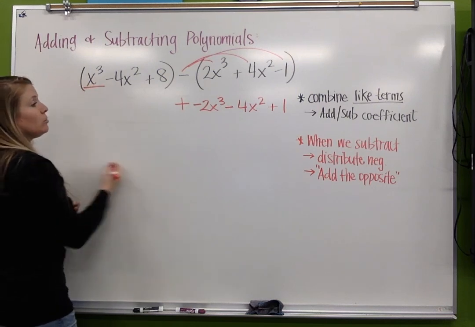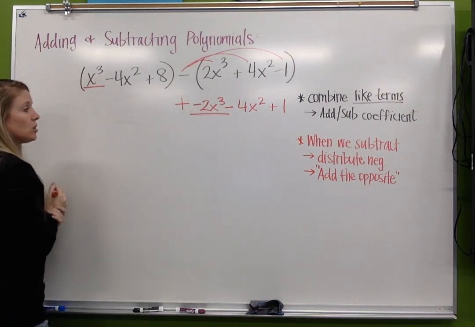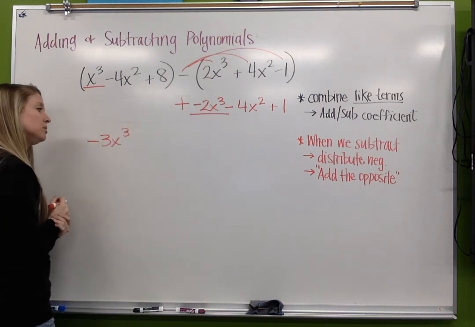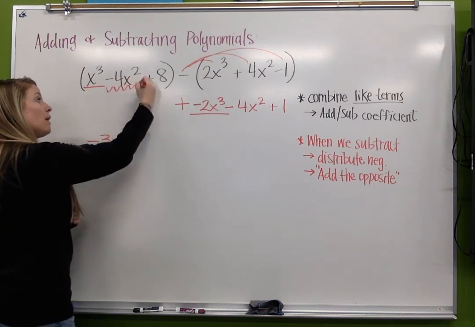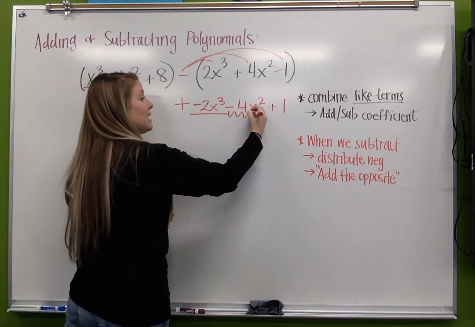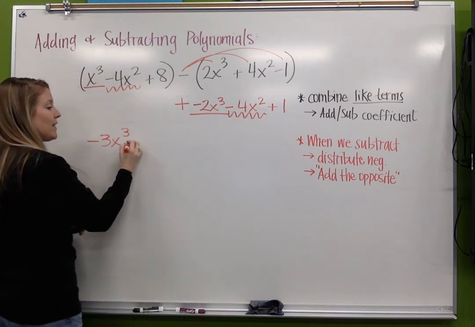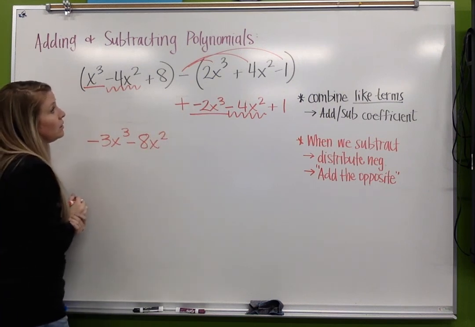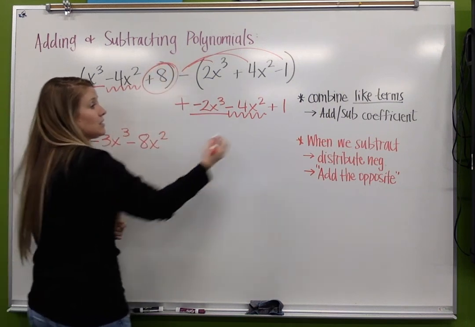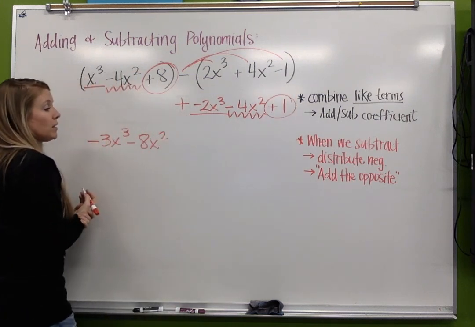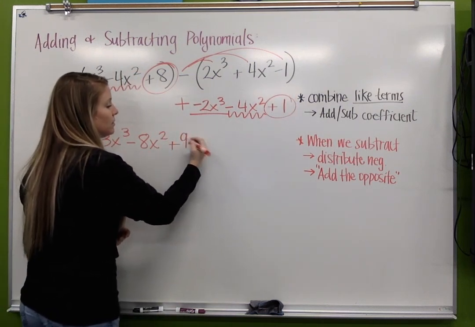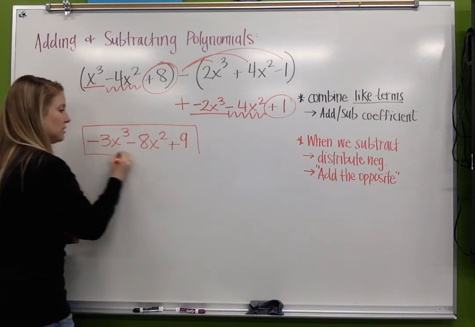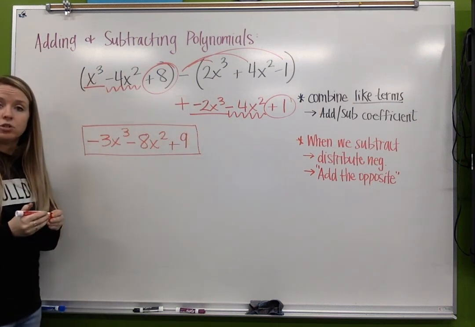So x cubed plus negative 2x cubed, that's negative 3x cubed. Negative 4x squared plus negative 4x squared, that's negative 8x squared. Then I have an 8 and a positive 1, so I get positive 9. And here is the resulting difference of those two polynomials.